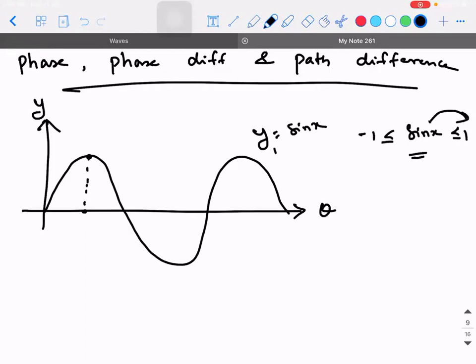When will sine x give you 1 for the first time? What is the value of theta at which sine theta is equal to 1? You would have learnt in your 10th standard also. 90 degrees, sir. 90 degrees is nothing but pi by 2 radian. So I hope this graph is clear, right?